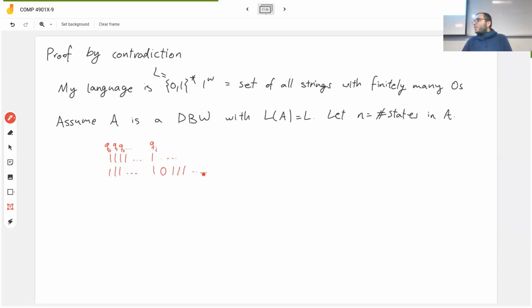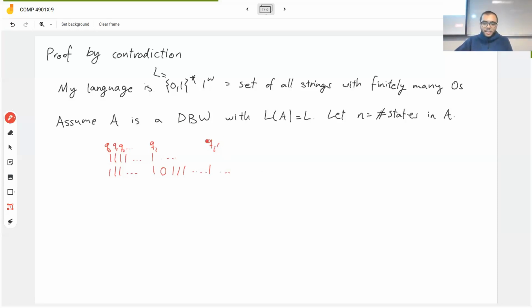So this string is also accepted, which means that there is another index somewhere here, let's call it Qi prime, where this entire string has reached an accepting state. Because this string is accepted, it reaches infinitely many accepting states. I just take the first one, I call that Qi prime. And again, remember, whatever I don't write here is just 1s to infinity.